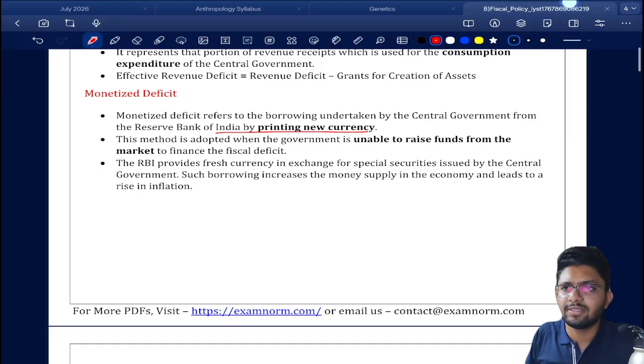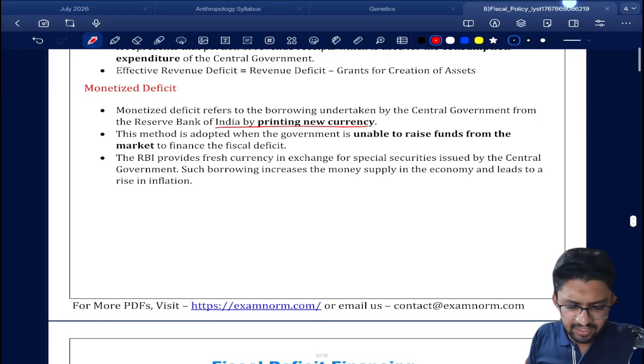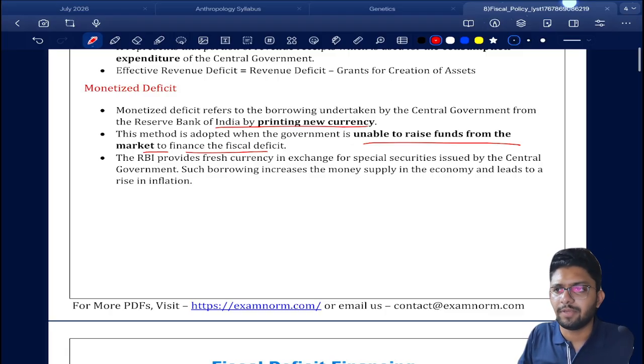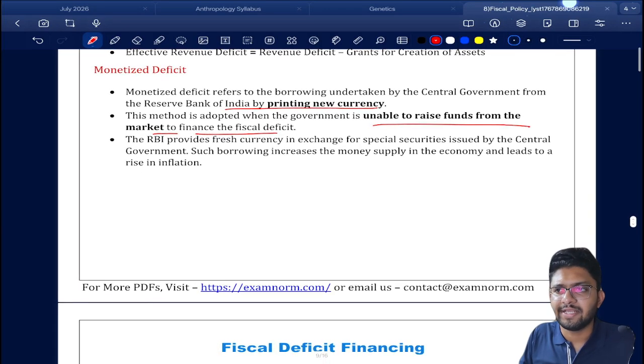This is also called extremely inflationary in nature, used when the government is unable to raise funds from the market. Venezuela did this earlier, when it was not able to pay loans. It just printed its own currency in millions, which led to a very inflationary effect. So this is monetized deficit.